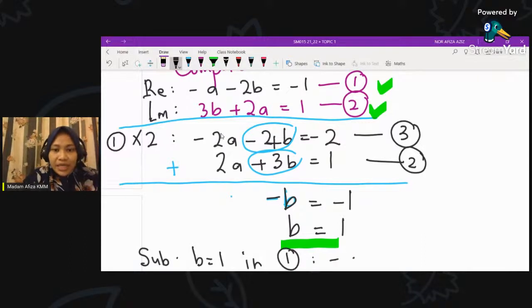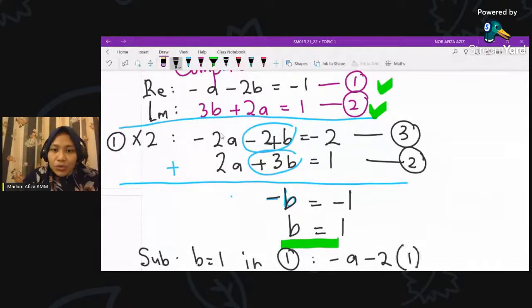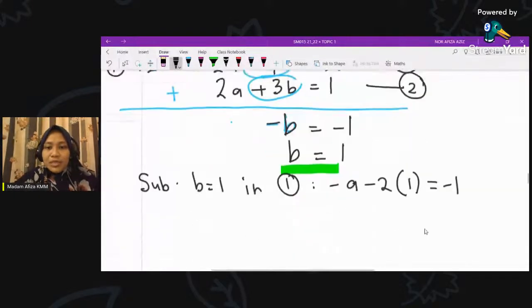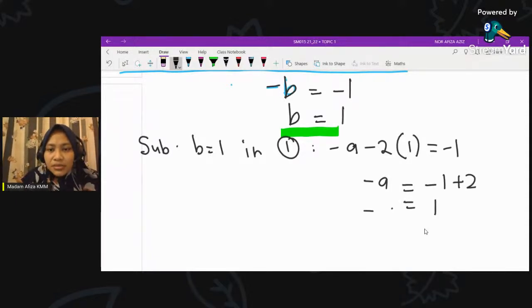I have negative A minus 2B, the B is equal to 1, equals to negative 1. Then we simplify. So I have negative A equals to negative 1 plus 2, we get 1. Hence, A is equal to negative 1.